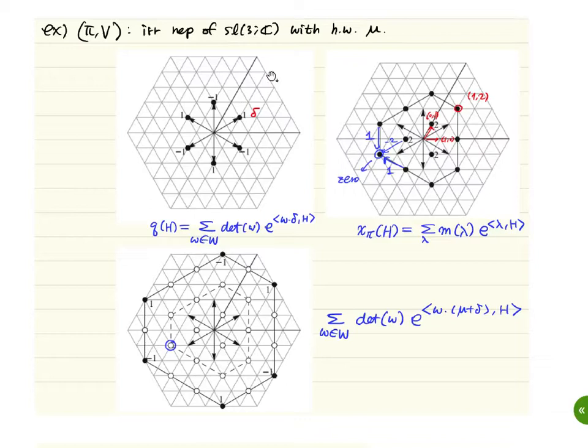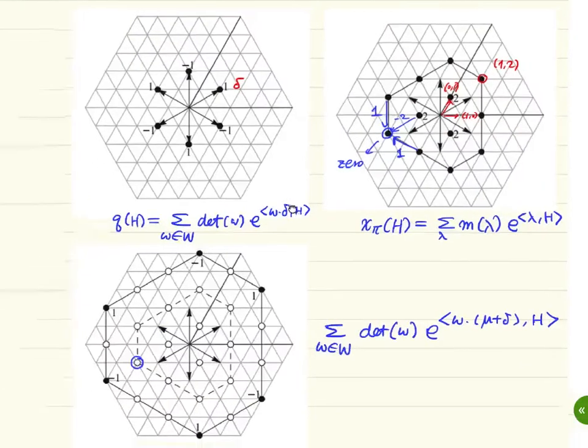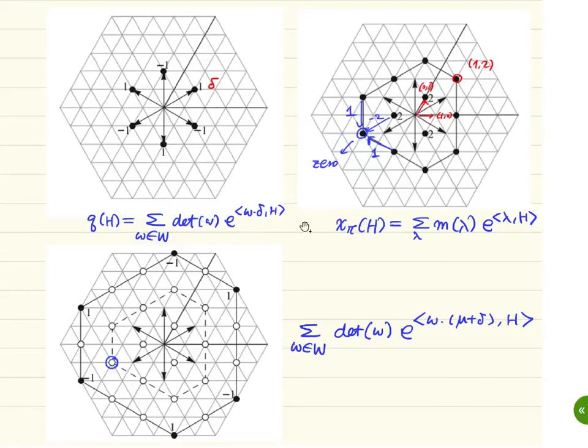So it's now rank 2, so the weights and roots live in two-dimensional space like this, with highest weight mu, which is 1, 2. So highest weight is like that. And let's see what the Weyl character formula says. So the Weyl character formula says this times the Weyl denominator, and a character is equal to this sum. And let's see what that means.